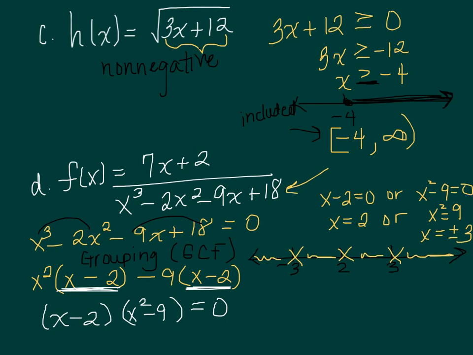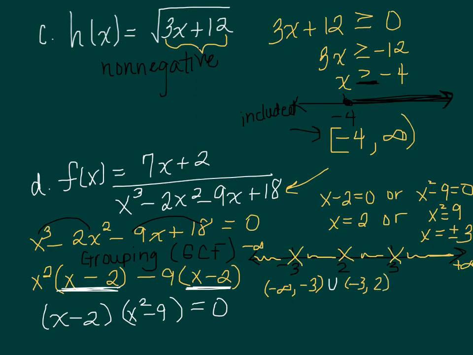So I'm shading everything we can. All right, so let's pause and finish. Our domain is going to be from negative infinity to negative 3, not including. Then remember, I got to put my union sign because that unites all of my intervals together. Then I have to go from negative 3 to 2.